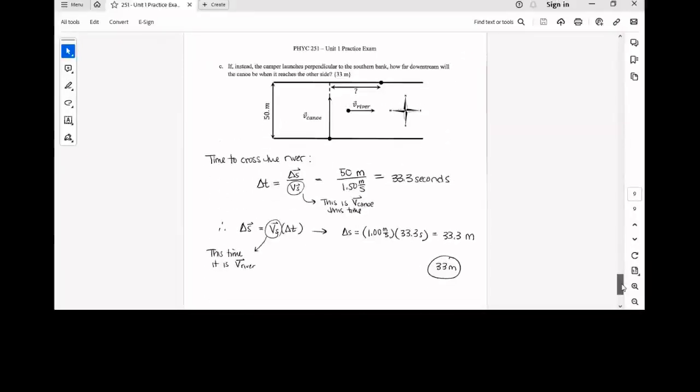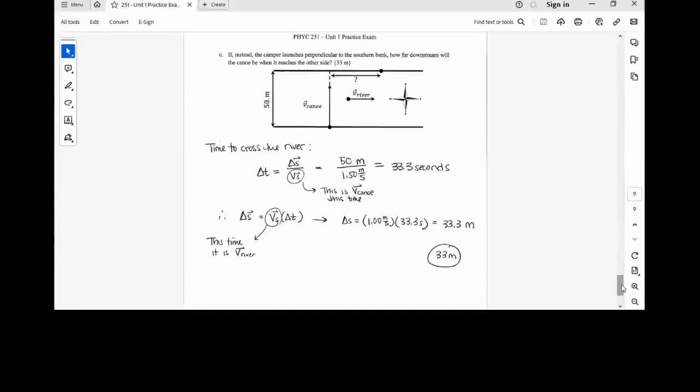And then finally, here's another type of problem that we can solve that is similar to the previous one. If instead the camper launches perpendicular to the southern bank, how far downstream will the canoe be when it reaches the other side? So you're no longer trying to use some component of v canoe to cancel out v river.